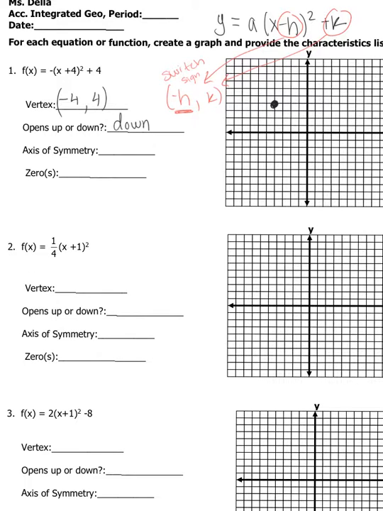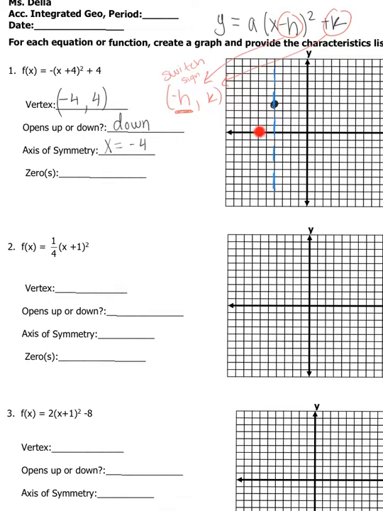I know that this is my vertex point, so the axis of symmetry has to go right through that vertex as this dotted line. So this is my axis of symmetry, which is at an x value of x is -4. If you notice, my axis of symmetry is the same as the x value of the vertex, or in other words, the opposite h value.